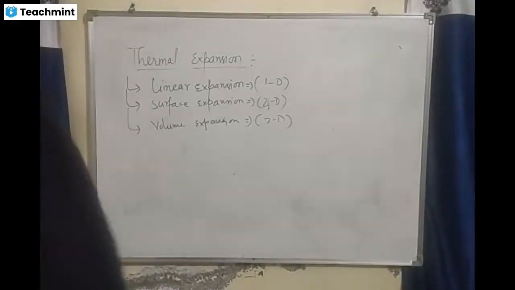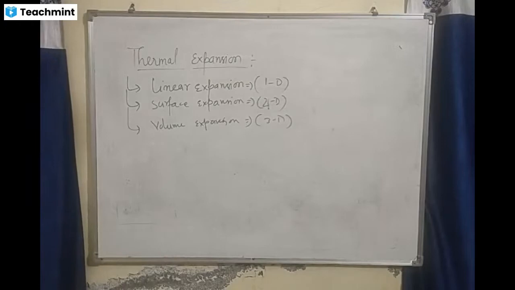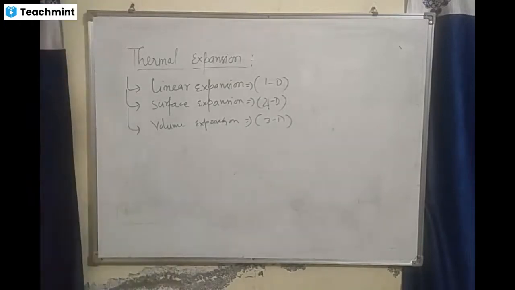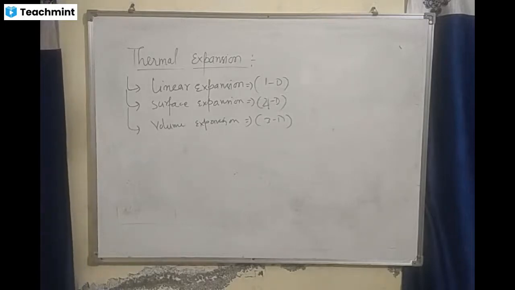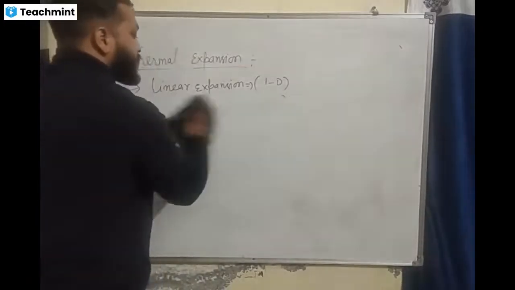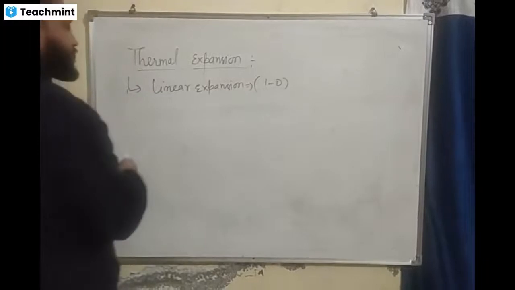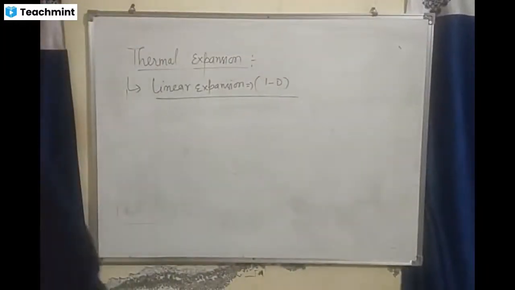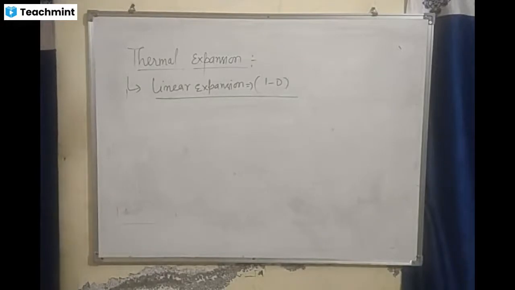So today, first of all, we'll start with linear expansion. Okay, so what is linear expansion? It is the increase in the length of a metal on heating. If we heat it, how can we increase the temperature?